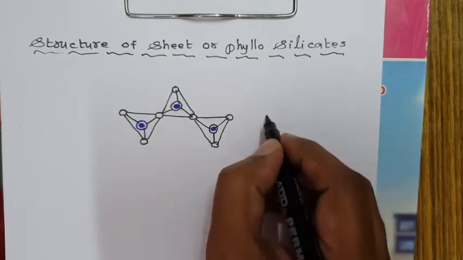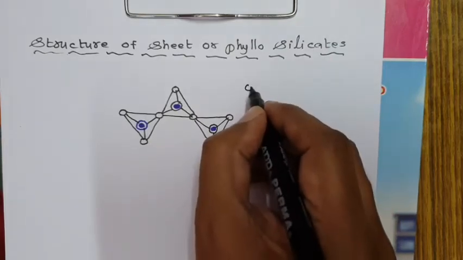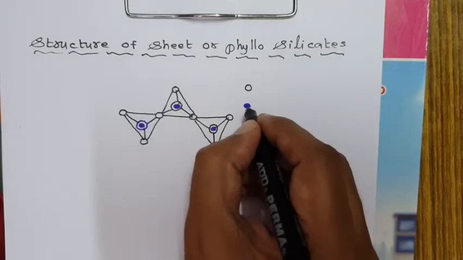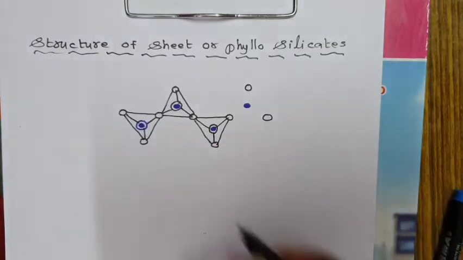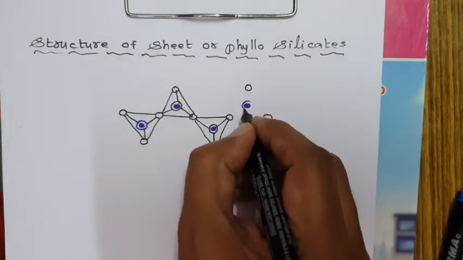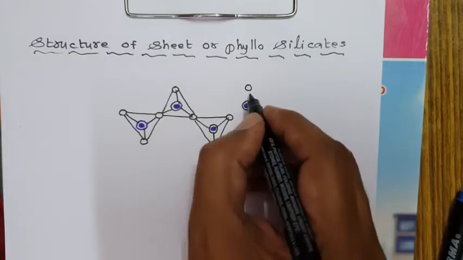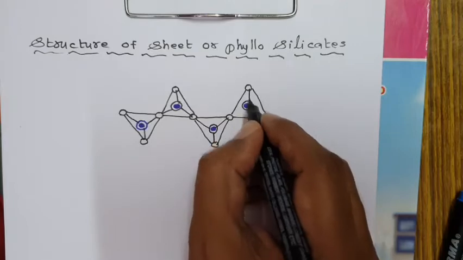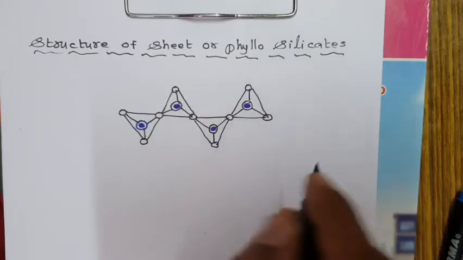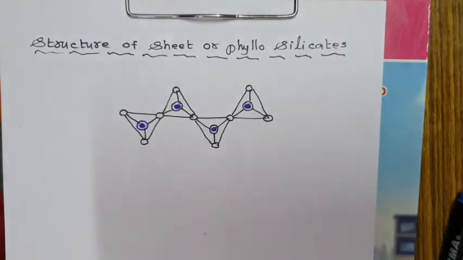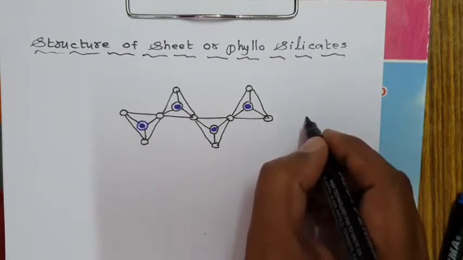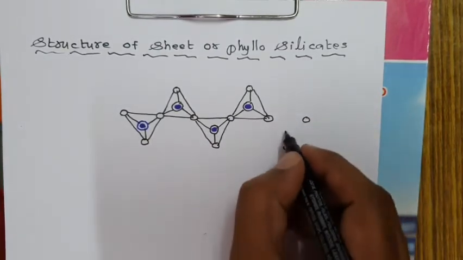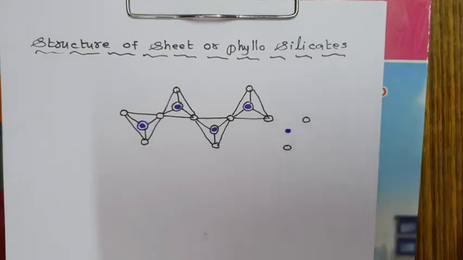Again one silicate, and all the oxygen atoms are joined with the center silicon. Again one SiO4 4- ion.